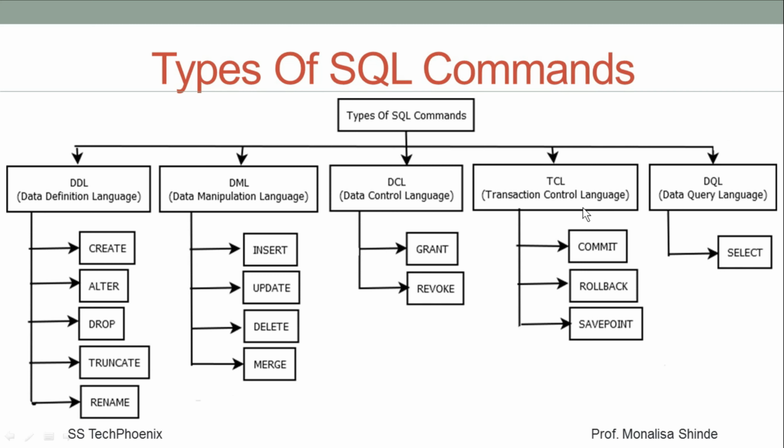Using the TCL commands, we can permanently save the transactions into the database, or we can cancel the transactions using the rollback command, or we can assign some save points in between the transactions so that if we want to delete only a few transactions from the database, we can have a save point and roll back the transactions up to the save point.